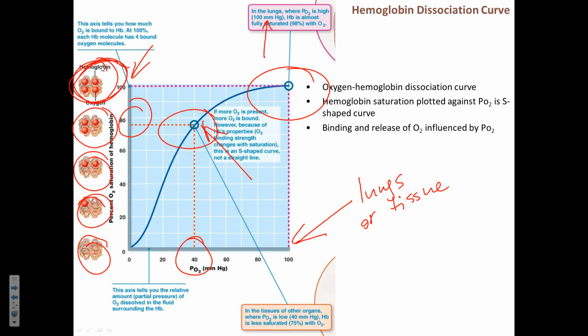Truck analogy, people. It should be the difference between the warehouse and the store, lungs and tissue, right? So in the lungs, 100% saturation. In the tissues, let's say 75. This difference, 25%, is what gets into the tissues.